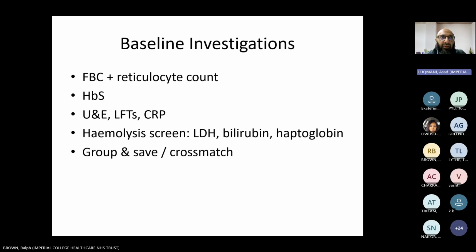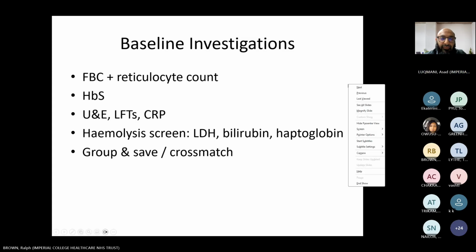HBS level, because if the patient deteriorates and a decision is made that the patient requires some form of transfusion, then it's very helpful to have a baseline HBS level, particularly if they're already on chronic transfusion therapy. Routine biochemistry tests, including inflammatory markers and hemolysis screen, and a group and save and cross match again in case they end up needing a transfusion. Next slide, please.